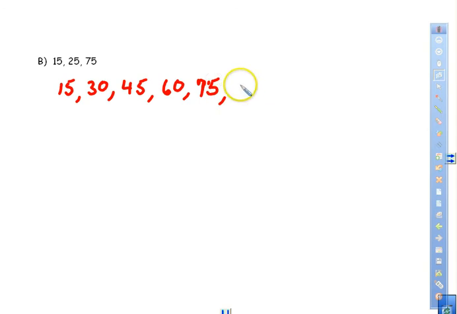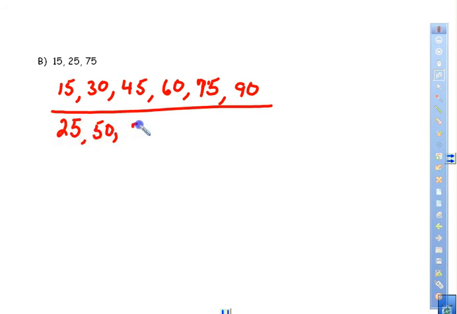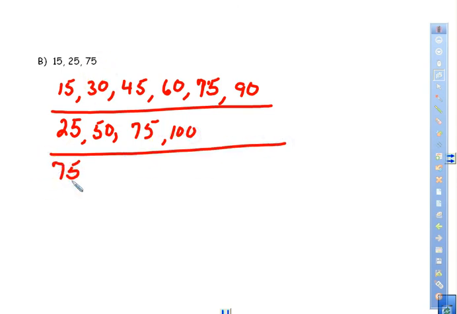And 15 more is 90. Now I'm going to compare my 25. So 25, 50, 75, and 100. And then I can compare the next, which would be 75. And I see that I already have a common multiple of 75 without even having to do any more with the 75 itself. Okay?